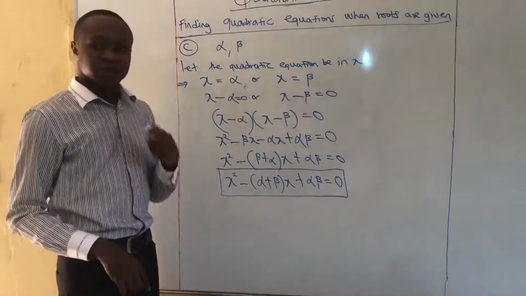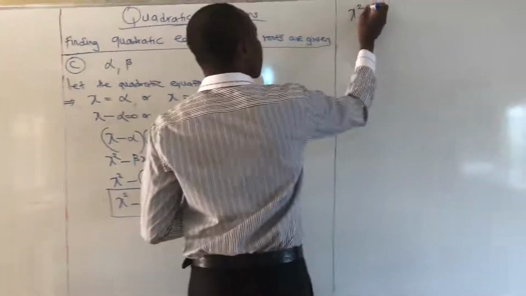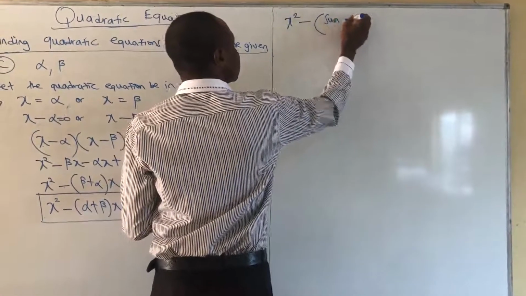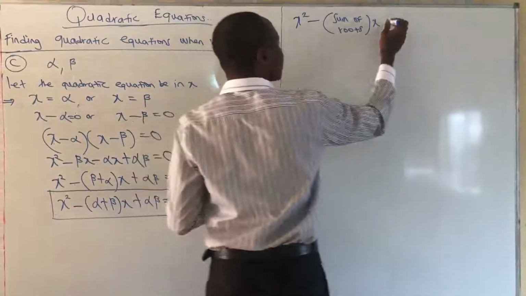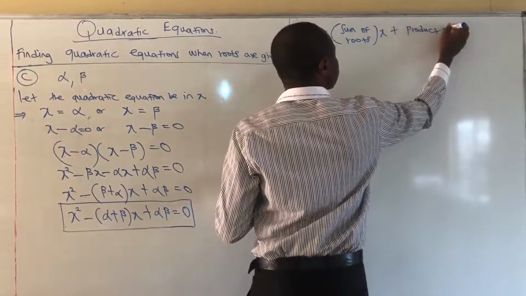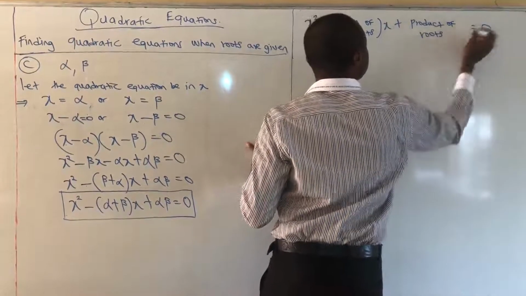That will take us to stating this formula this way: X squared minus sum of the roots in X plus product of the roots, equal to 0.